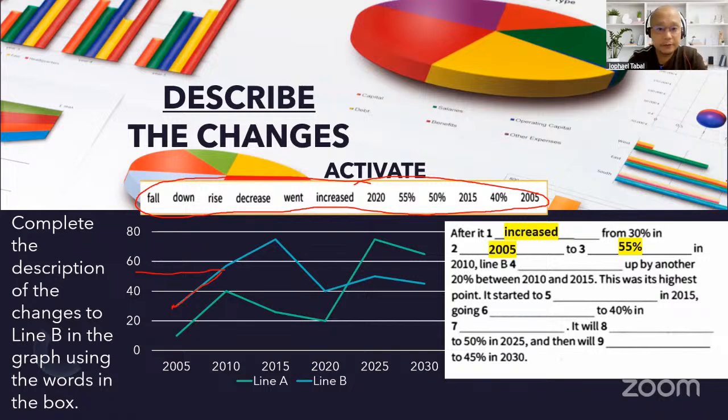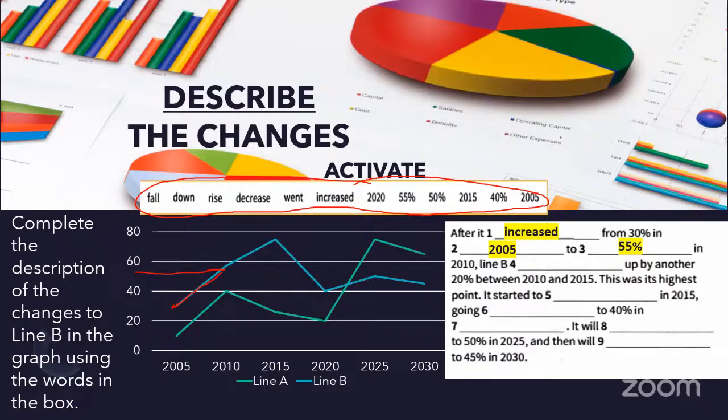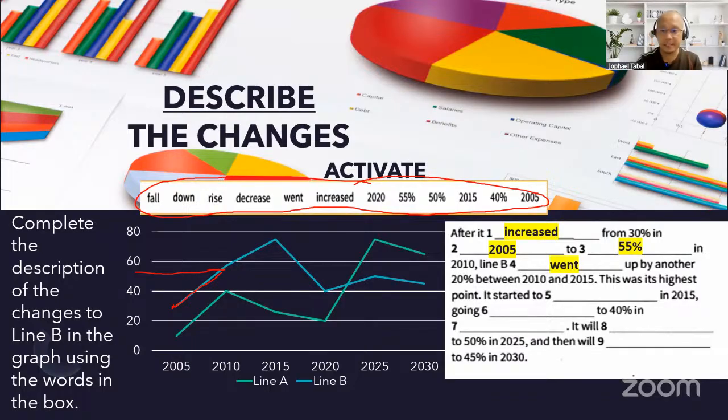Okay, so I want to hear from Clara. Clara, what's your answer number 4? Okay, so let's check number 4, that's went. So in 2010, line B went up by another 20% between 2010 and 2015.